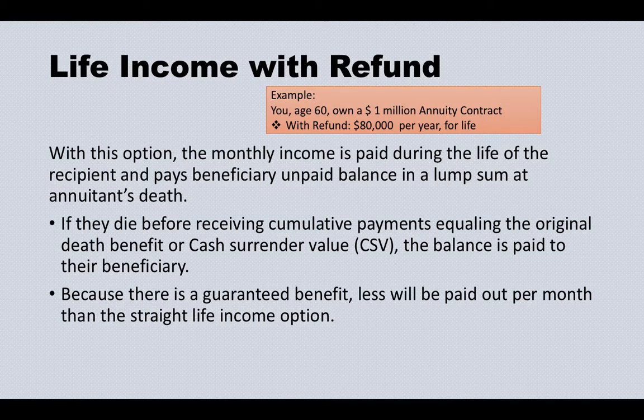Because there's a guaranteed benefit, less will be paid out per month than the straight life income. You can see the insurance company won't pay you $100,000 per year. They only pay you $80,000 per year if you choose life income with refund.